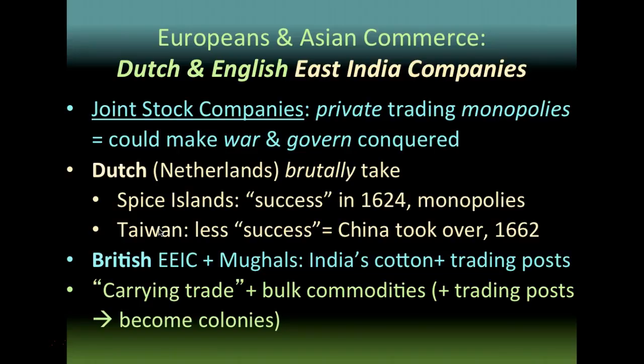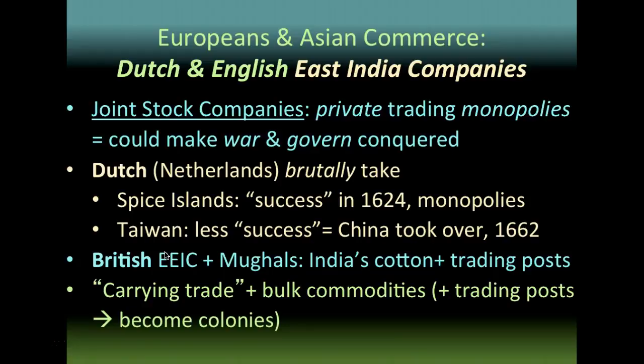So the British establish what is called a carrying trade, where they carry goods from India to other parts of Asia, similar to the Portuguese. And eventually they also end up carrying bulk commodities, things like tea and coffee and silk and pepper, and they end up selling this stuff to Europe and to other Asian countries, other Asian territories, not countries.